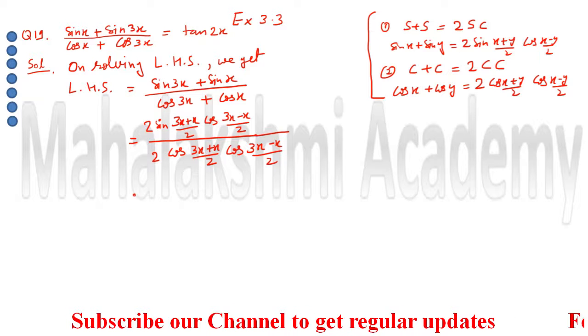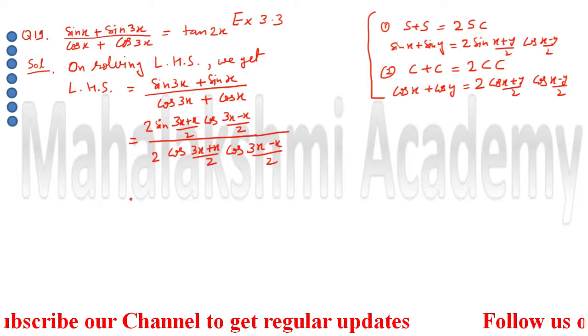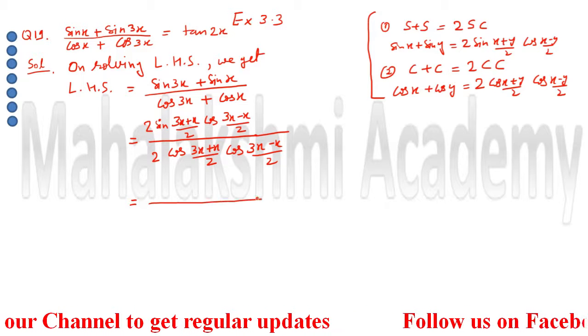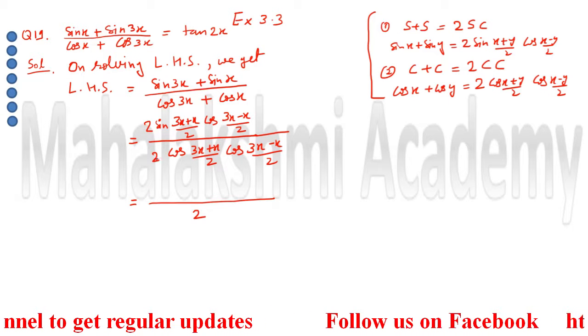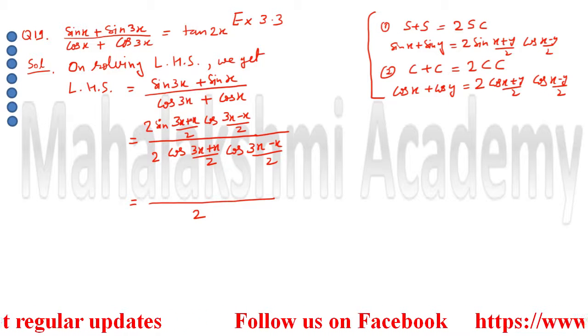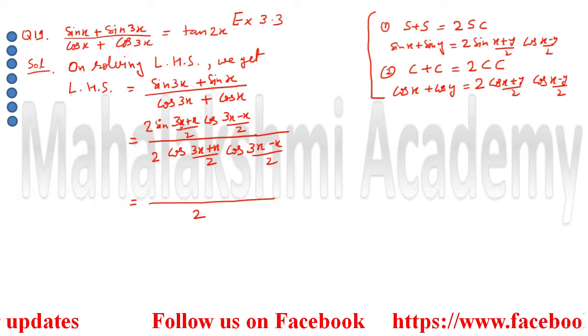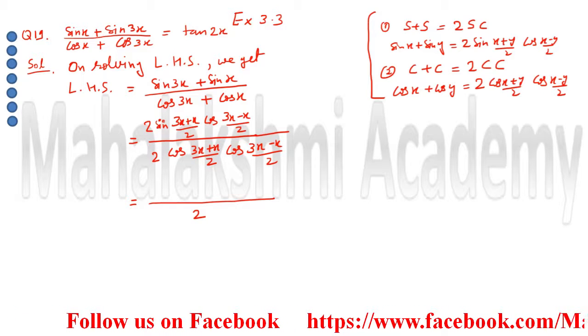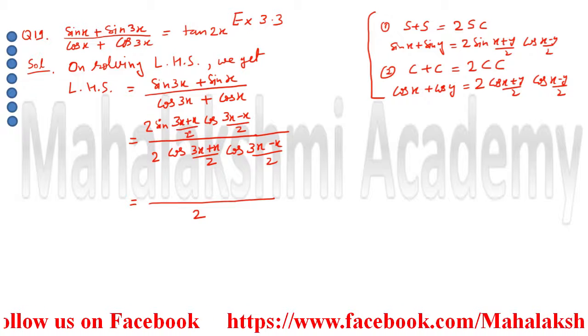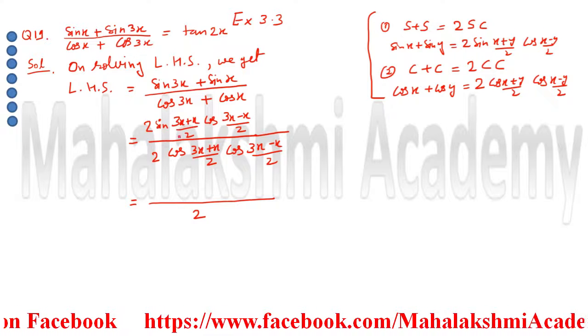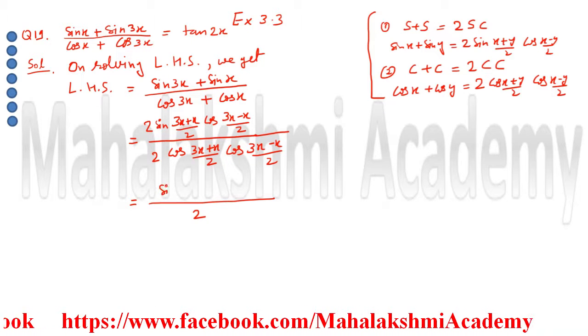So after using the formula, we will simplify it. Here 2 and 2 will cancel each other. 3x plus x is 4x. 4x divided by 2 is 2x. So the answer is going to be sin 2x.